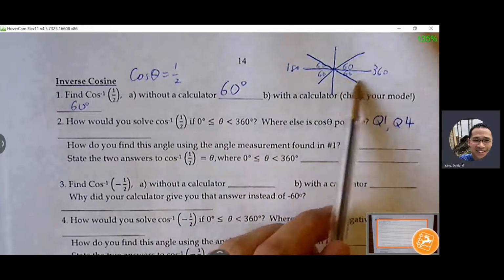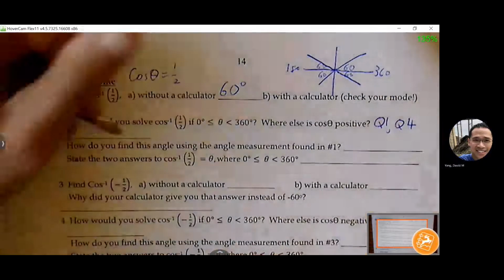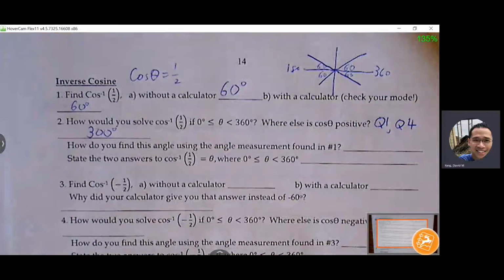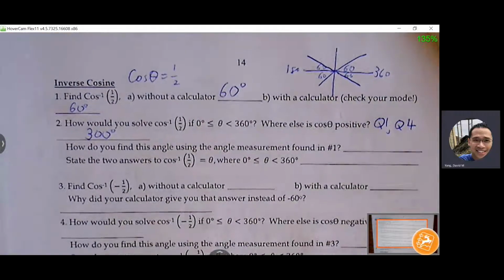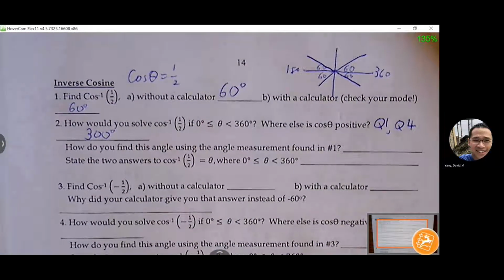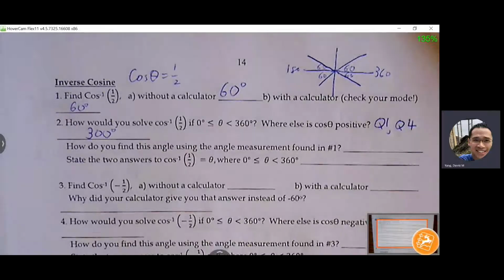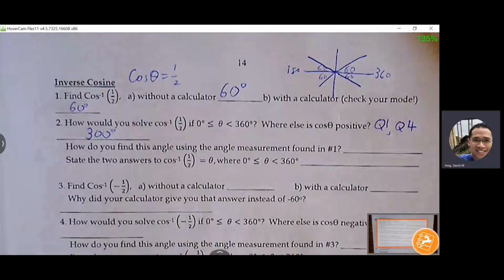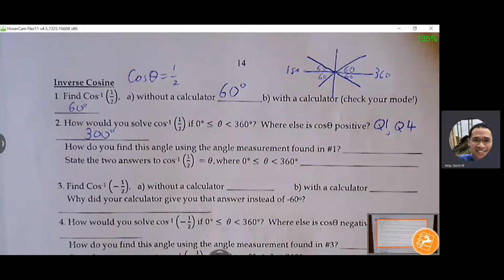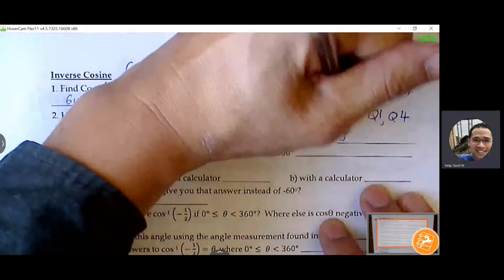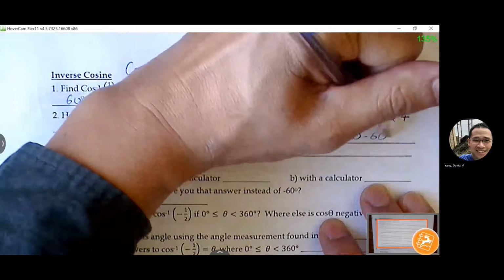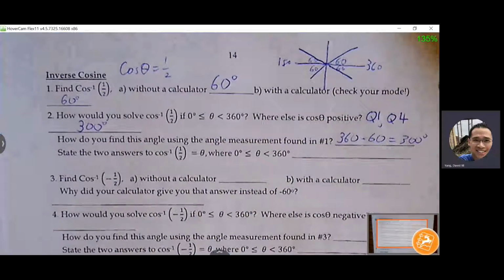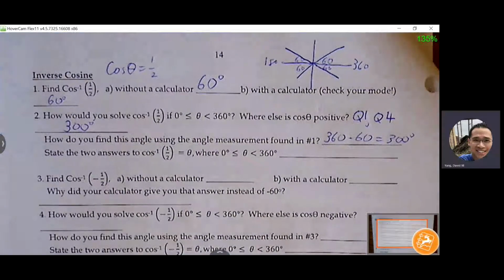So that'll give us 300 degrees. State the two answers.